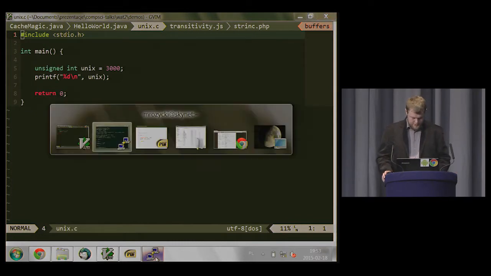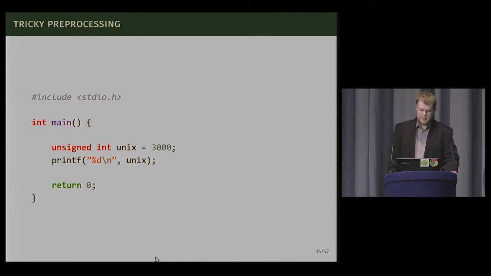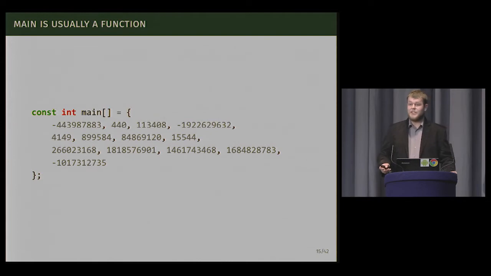OK, that's not what I want. What will this do? So as you can see, this is a main, but not a function, an array. Array of integers. You may have already guessed that this is machine code in the form of integers.